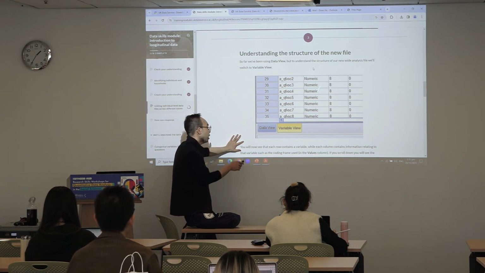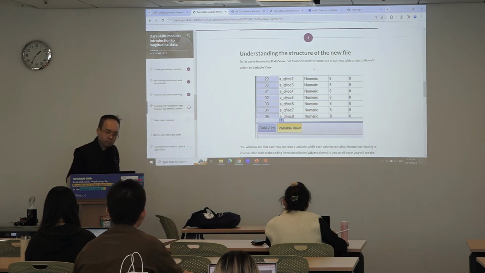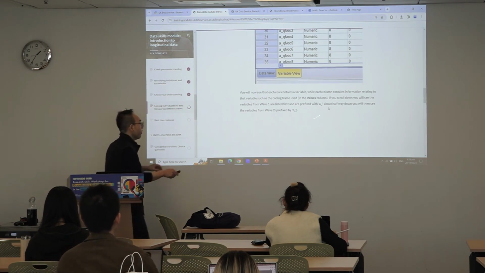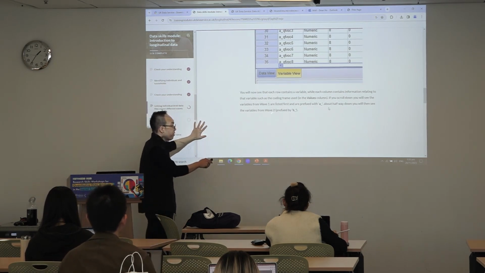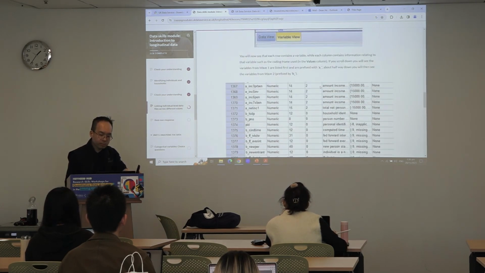And then each column is going to be information that has to do with that variable, such as the coding frame, like how you code it in the values column. If you scroll down, different waves are going to be prefixed with different letters. That's what we do, okay?